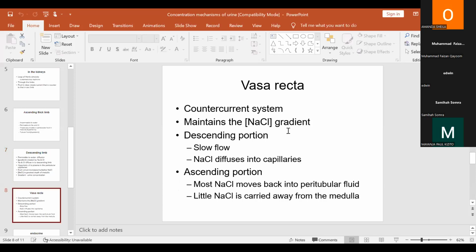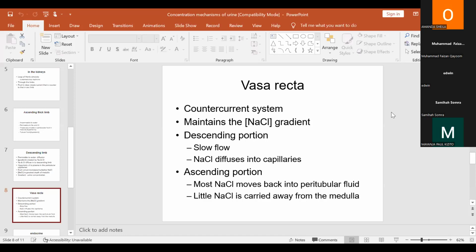Now, the second system is the countercurrent exchanger. The countercurrent exchanger also has anatomical structures that it uses. It uses the vasa recti. The vasa recti are the second row of efferent arterioles that are produced after you have come from the Bowman's capsule, the tuft of capillaries.